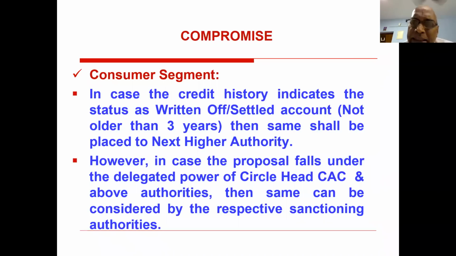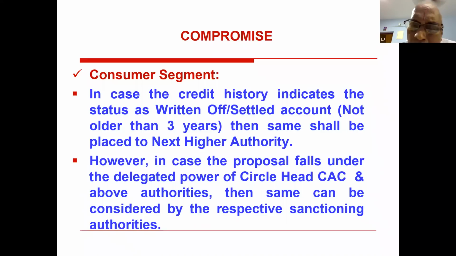However, when you are taking the CIBIL score or Equifax, you find there is a word settled or written off, which is not more than 3 years old. In that case, even though it falls under your power, you cannot sanction, but that can be sanctioned by the next higher authority.